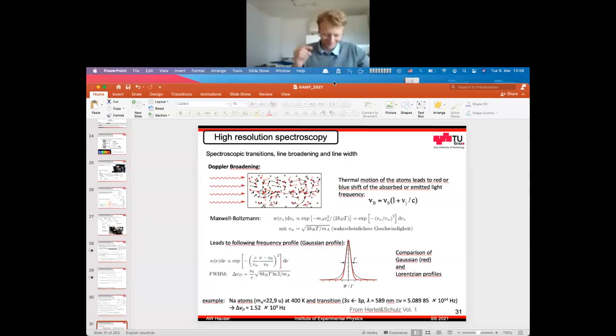And all that you have to remember now is the following, that you see that the radiated intensity, which is proportional to this change of energy over time, drops to a value of 1 over e in a time tau, which is 1 over gamma.